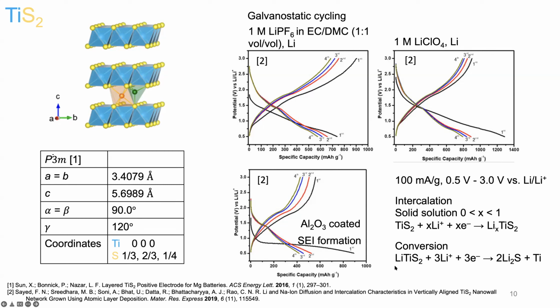Now, there's also potential for this material to undergo a conversion-based mechanism. This is not something we've talked about in depth yet, because that's a module that is coming up. But I wanted to introduce this mechanism because it's certainly something that people have seen as well.